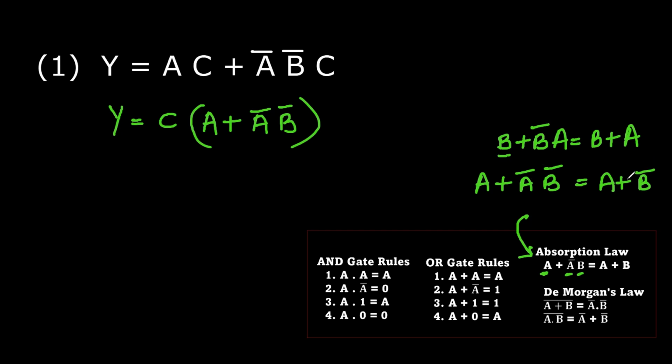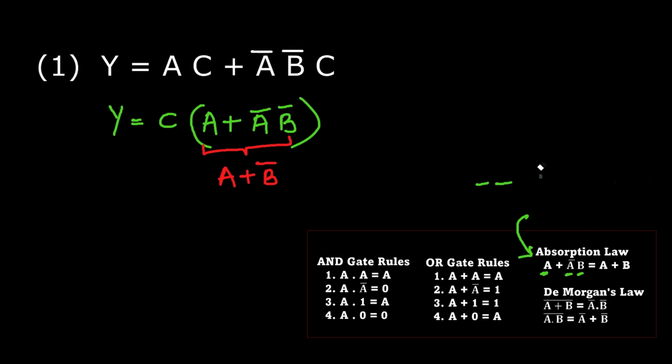So this is exactly what we're trying to solve over here. Let me use another color. This term inside is simply going to give us A or not B. So this is your absorption law. Let me take off what I wrote over here and make it clear for you that what we were talking about right over here is the absorption law.